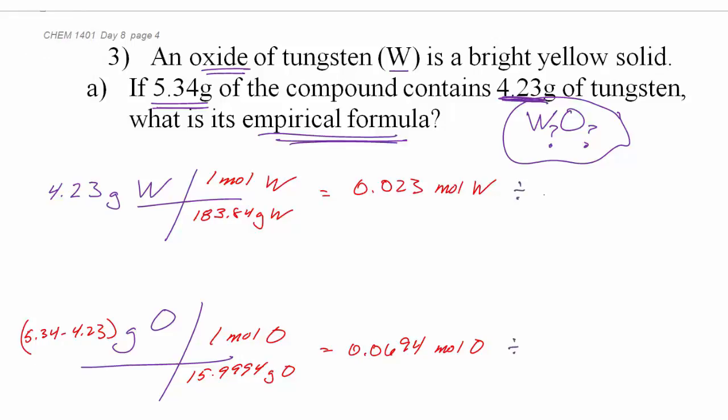The smallest number is 0.023. So I'll get 1 mole of tungsten for how many moles of oxygen? Divided by 0.023, 3.02, which is about 3.